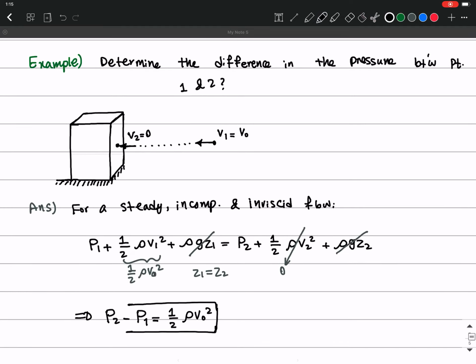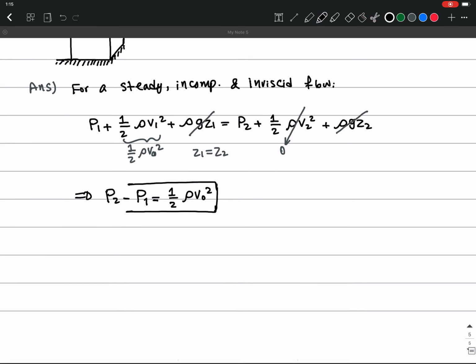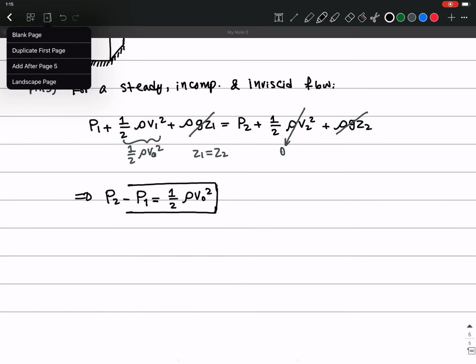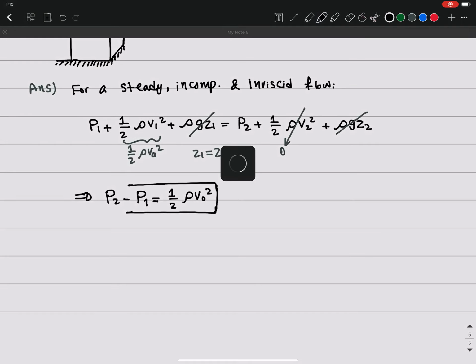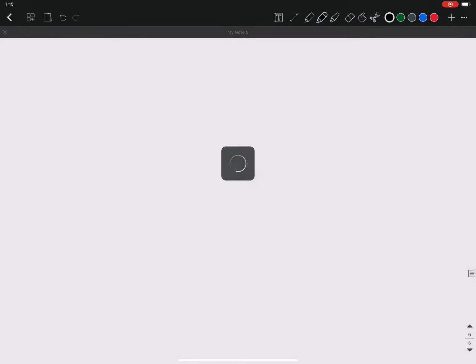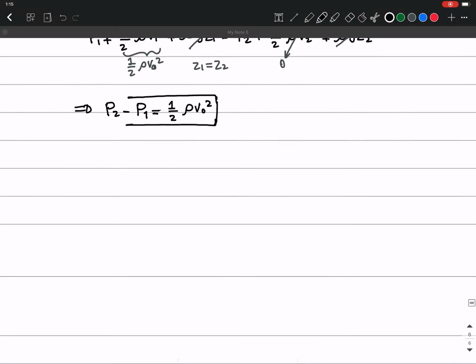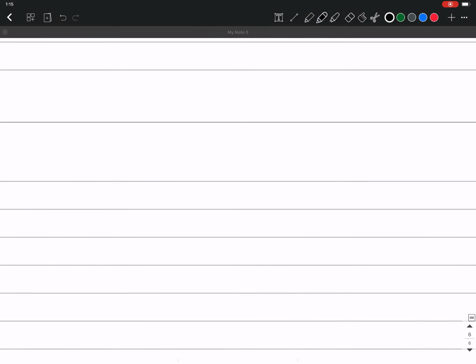Okay? So this was a simple example of using a Bernoulli equation in an applied form. And now I want to discuss alternate forms of Bernoulli equation.